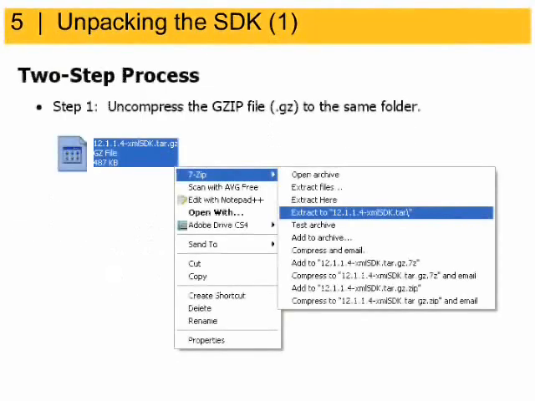If you choose to use the 7-zip program, you can install the ExtremeXOS InSite XML SDK in 2 steps. The first step is to decompress the gzip file .gz to the same folder by right-clicking on the file's icon and selecting the Extract Here option.